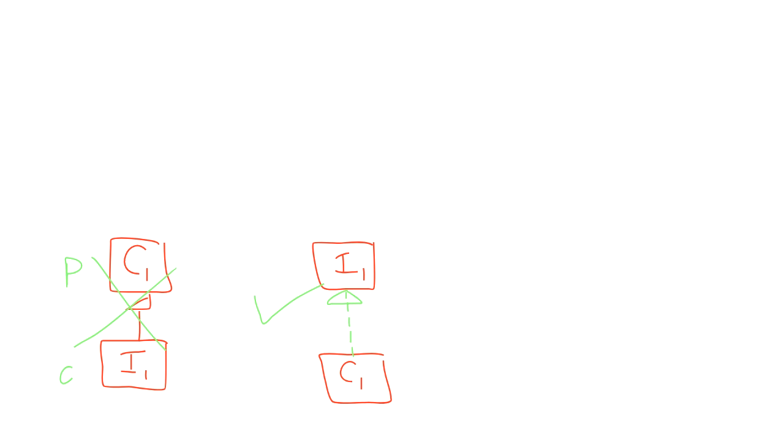So I just write, how do you read this? Class C1 implements interface I1. So you don't write class C1 extends I1. No, extends comes between class and class, and interface and interface.